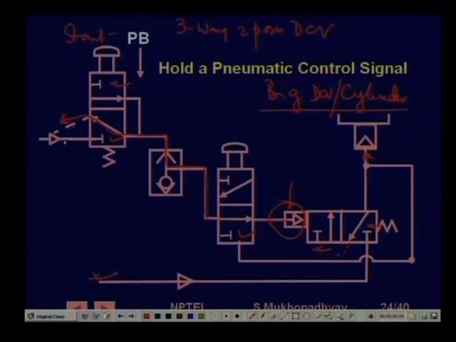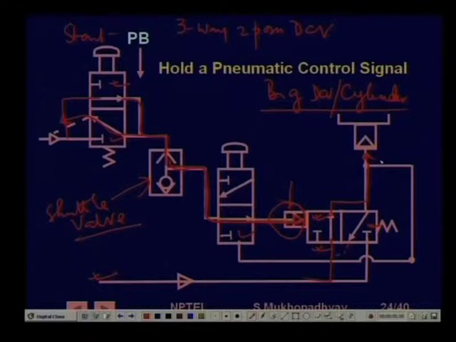Immediately this pressure will be applied, this shuttle will move, this is the shuttle valve. This shuttle will be pressed and air will flow in through this and it will create pressure. The moment it creates pressure, this valve will shift and come to this position. When it comes to this position, this gets connected and therefore, this gets pressure.